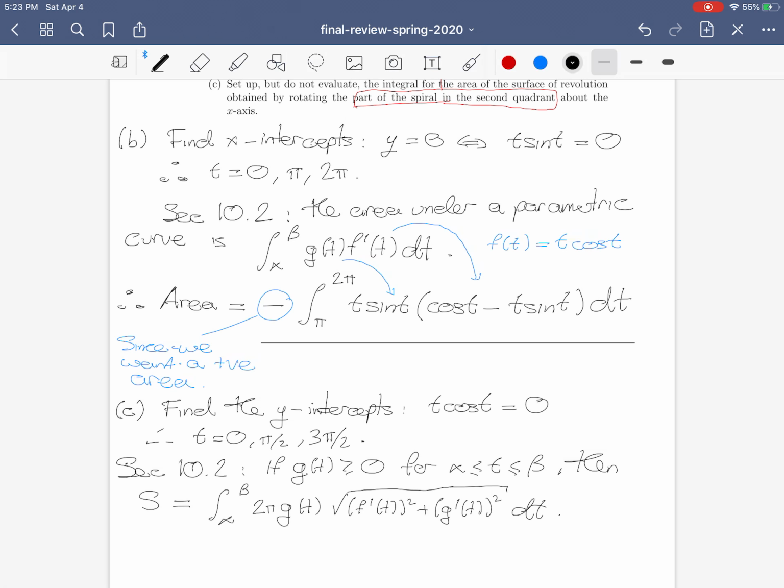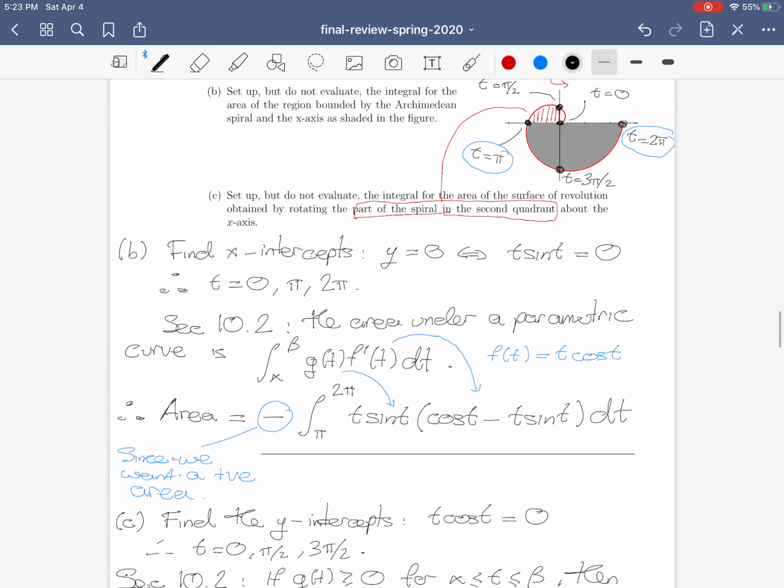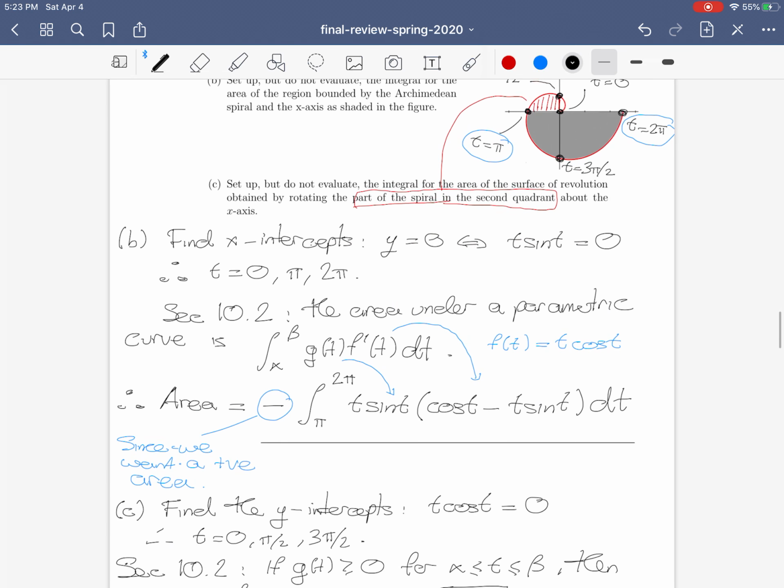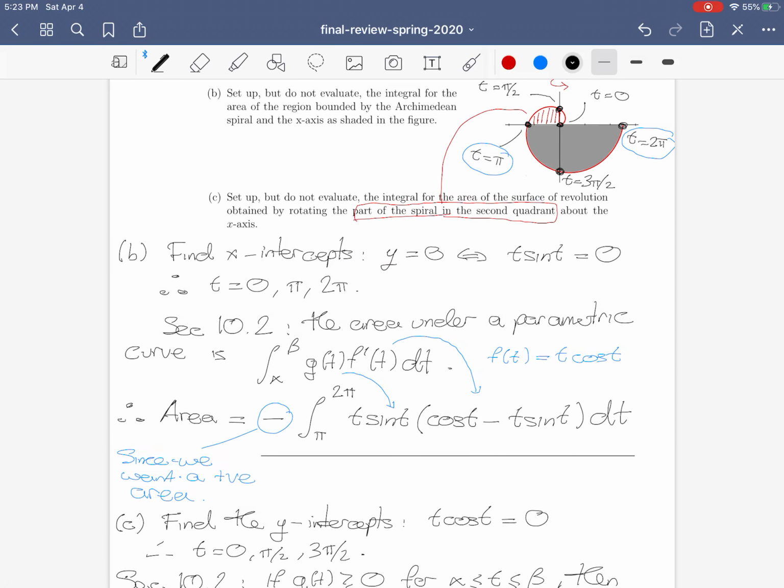So in our case, our alpha is pi by 2, our beta is pi. So we just go up to the diagram here. We are integrating this curve here.